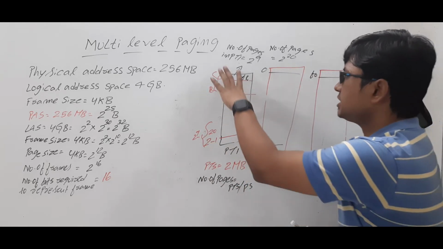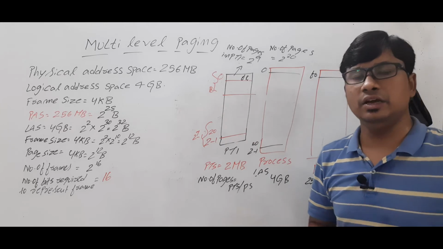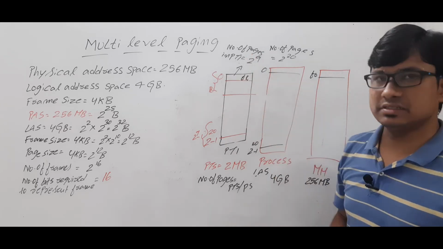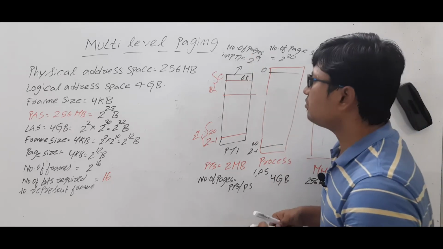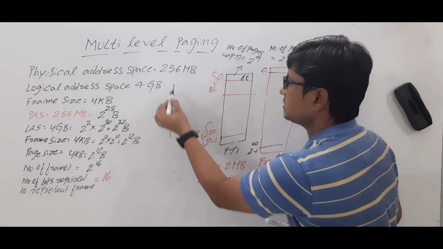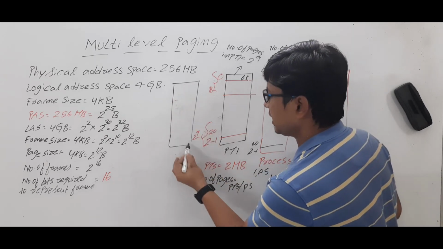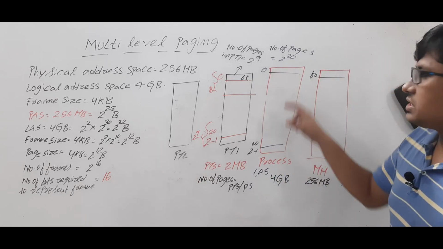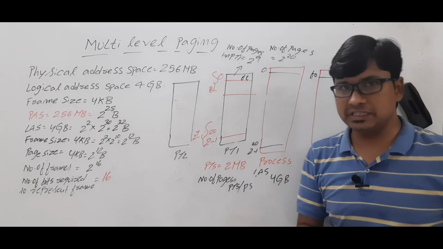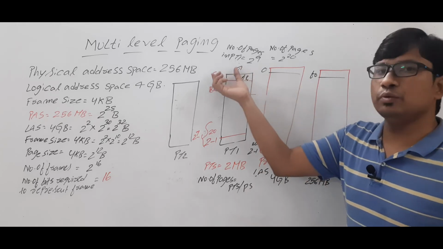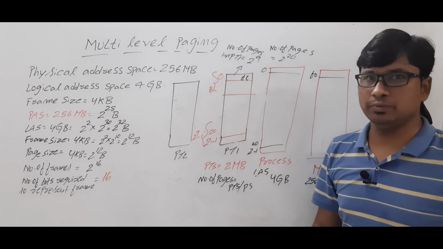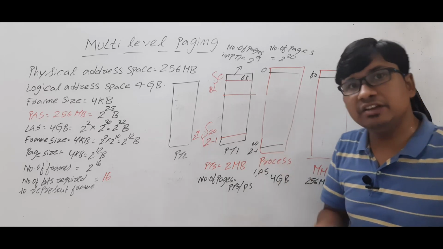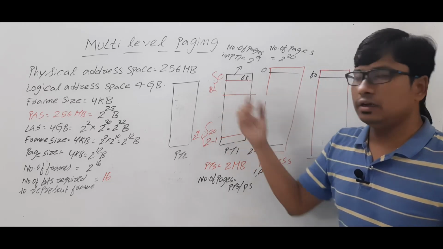So this page table 1 is again logically divided into pages. Now that information you should store in some other page table. Am I right or wrong? Look at here. The process is logically divided into pages. That information we are storing in one page table. Now this page table is again further divided into pages.